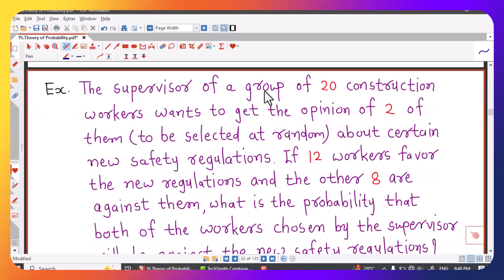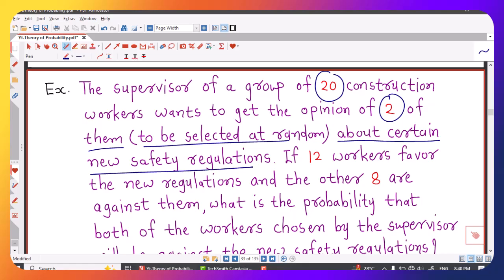Here we are given that the supervisor of a group of 20 construction workers wants to get the opinion of 2 of them, selected at random, about certain new safety regulations.